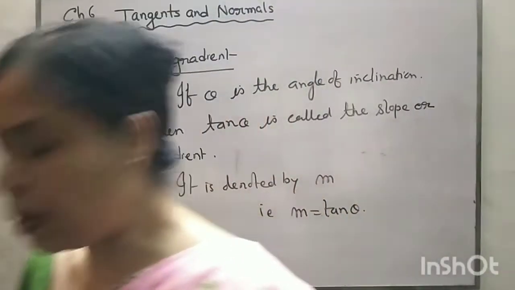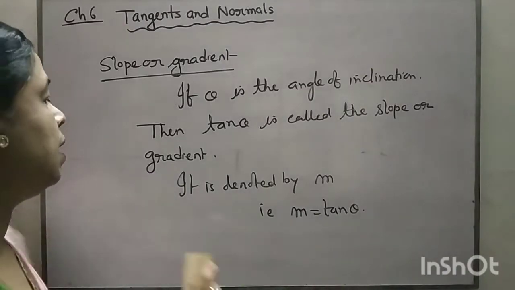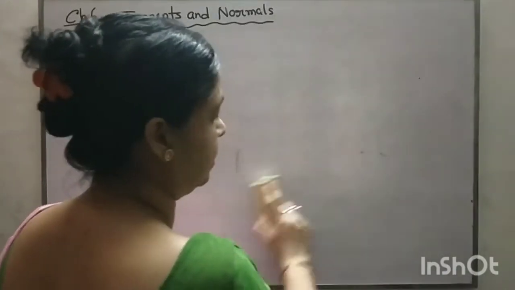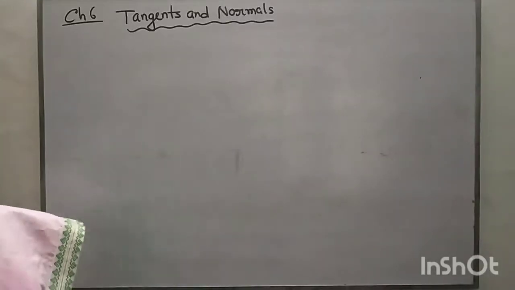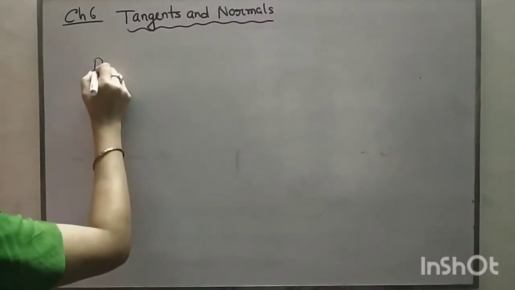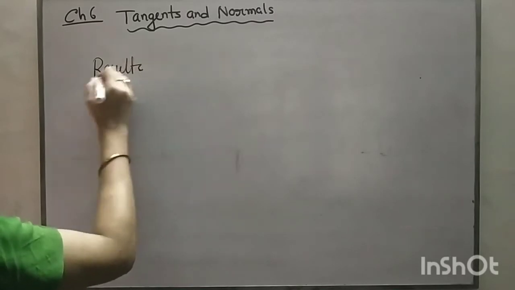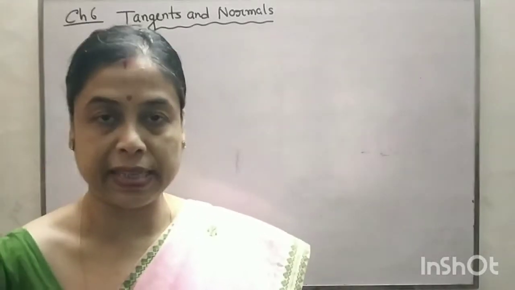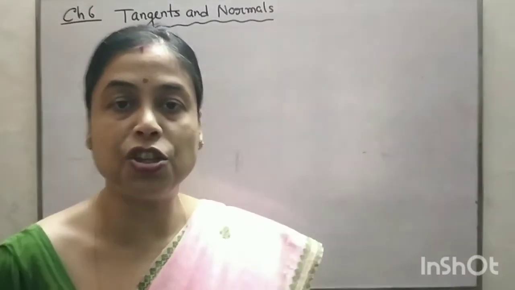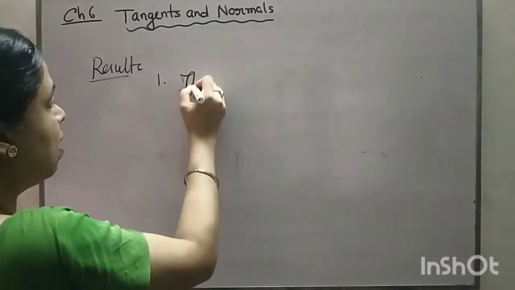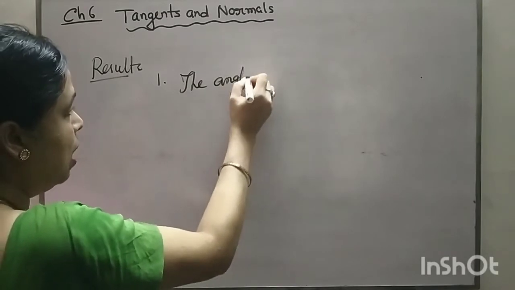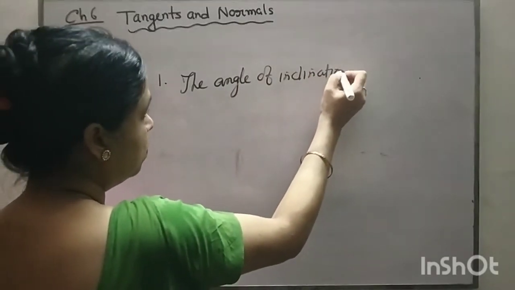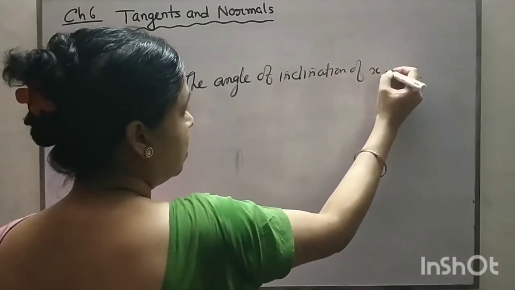Now you have to know a few basic concepts. Say your line is given as the x-axis. Some results I want to give you. What is the angle of inclination of x-axis?